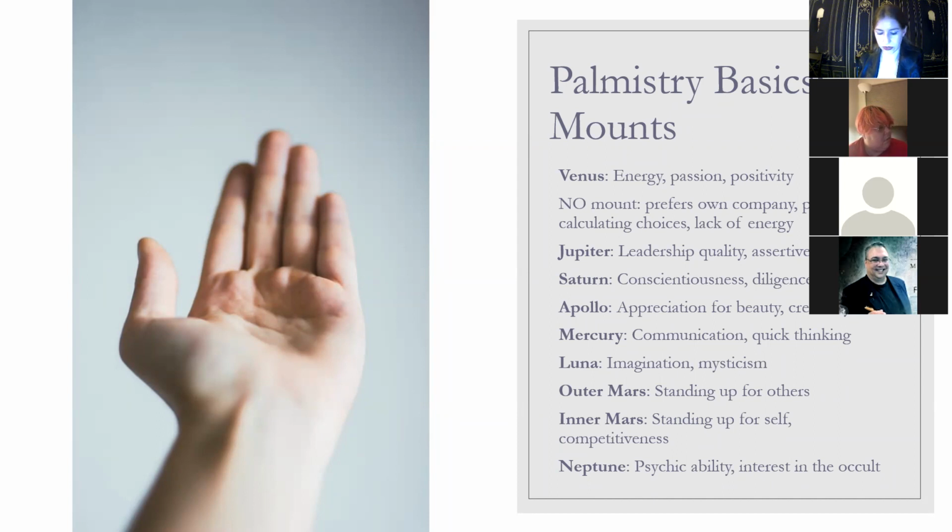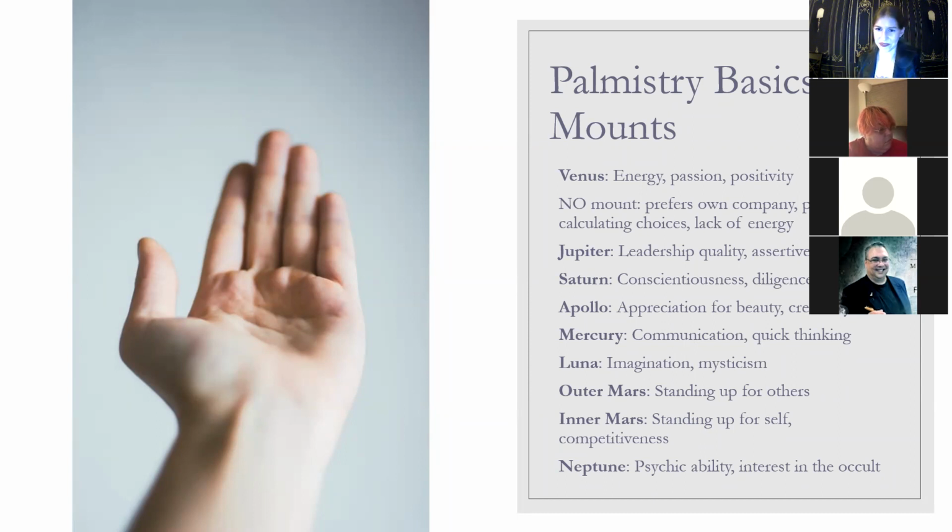There are a lot of associations when it comes to the mounts, so it's kind of easier to think of the planets here. We're thinking of Jupiter, the king of the gods. We're thinking of the leader. We're thinking of assertiveness.